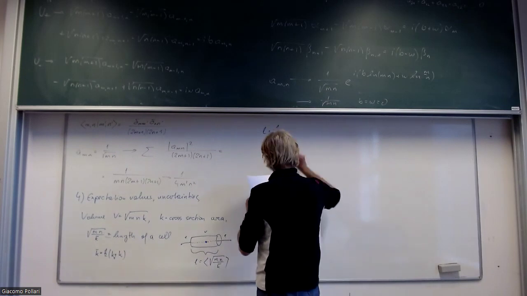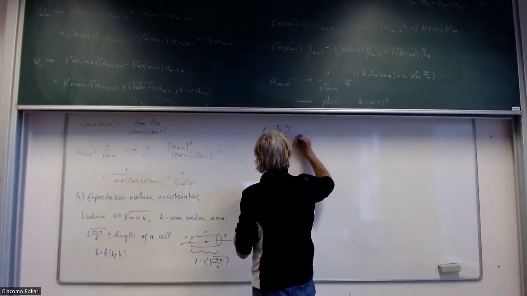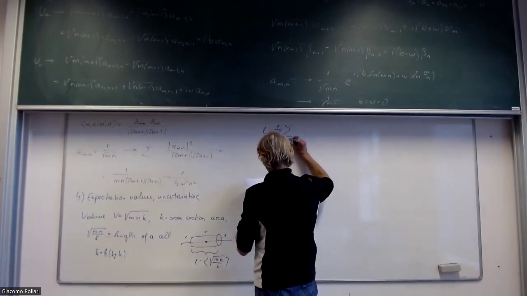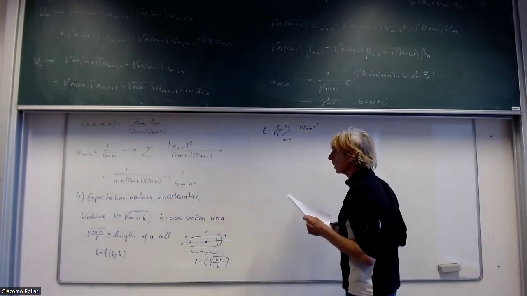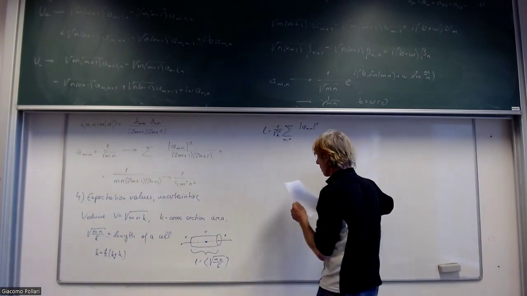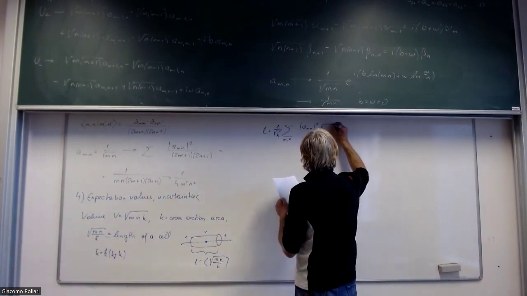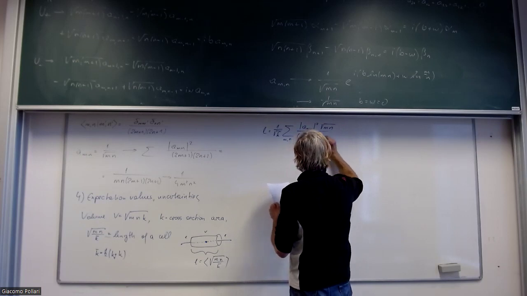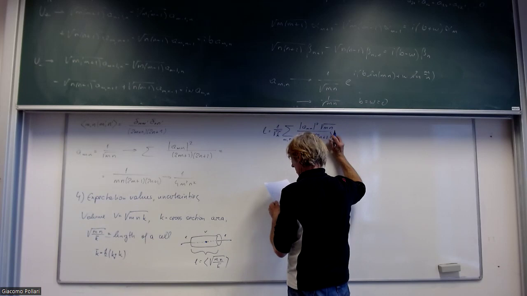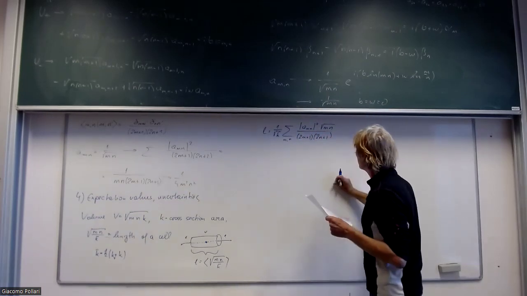Now this is the sum over n of a_n squared, which might be, as you have seen, complex. Square root of n divided by 2n plus 1, 2n plus 1. Does it converge?